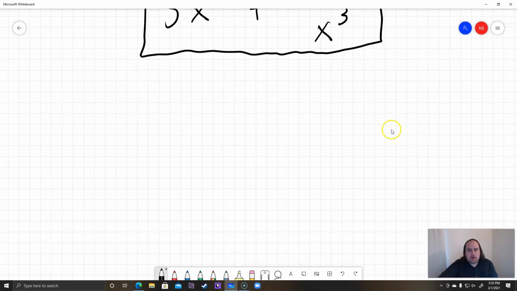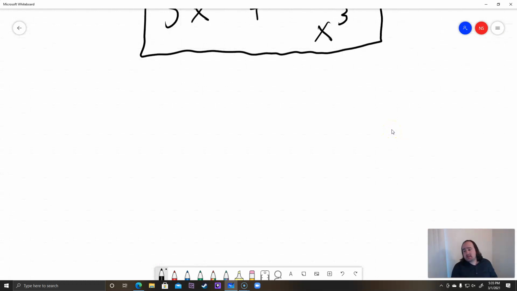Okay, so for my second example, I'm going to do an example that's similar to your third homework problem. Because your second homework problem is almost identical to the one we just did, it's just sinh instead of cosh. Okay, now this next one is a bit trickier.